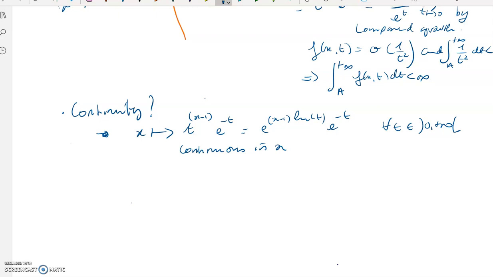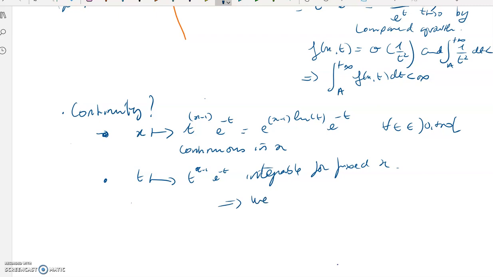So no problem because it's just some exponential of x times a value, right? So that's continuous. Next hypothesis, we need that the function which to t gives you the same stuff, t^(x-1) e^(-t), is integrable for a fixed value of x. But actually, this is exactly what we did earlier.